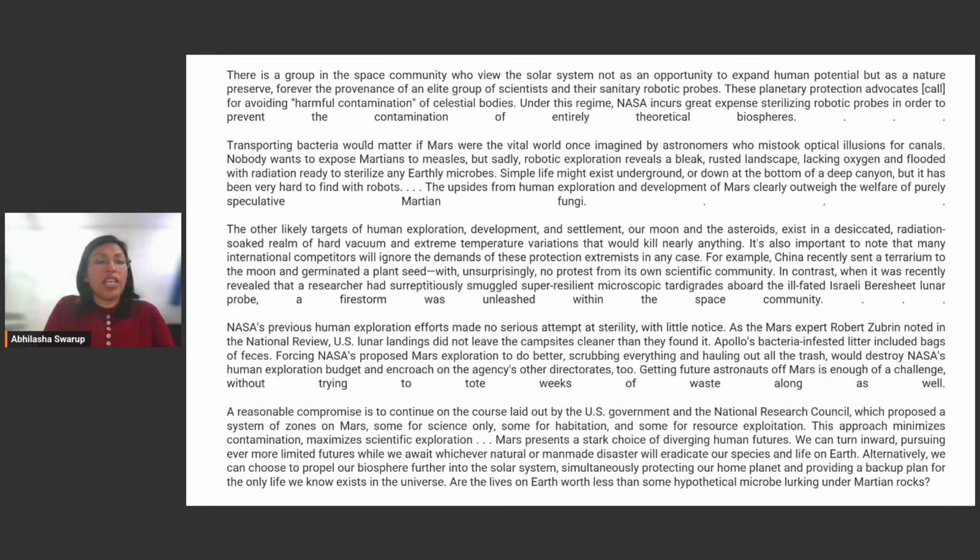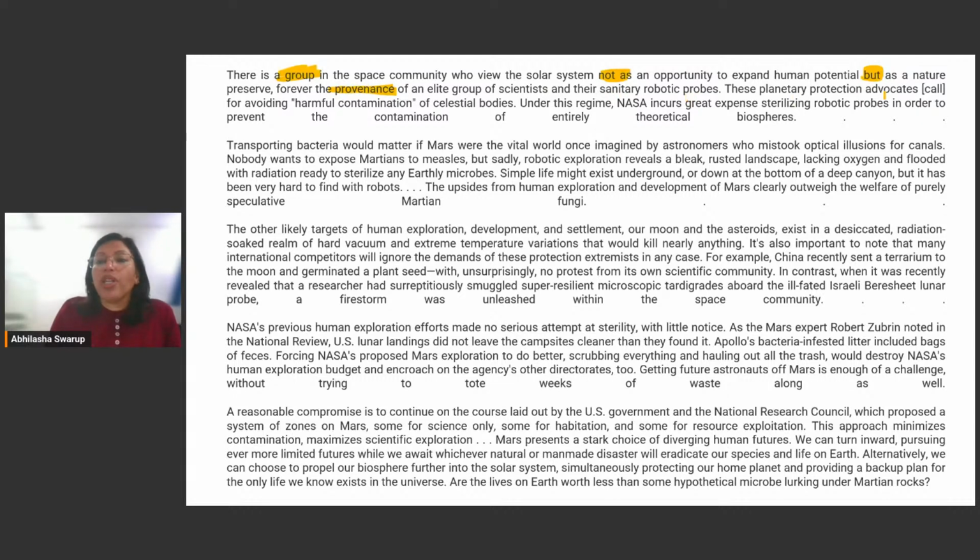So this passage says there is a group in the space community who view the solar system not as an opportunity to expand human potential, but as a nature preserve. Forever the provenance, provenance means control, of an elite group of scientists and their sanitary robotic probes.